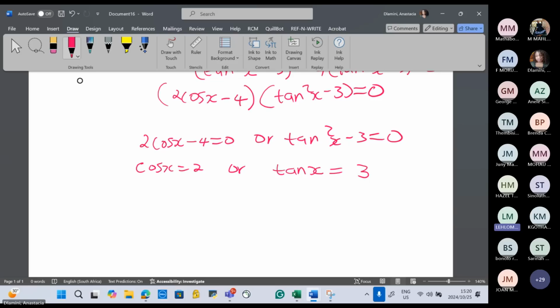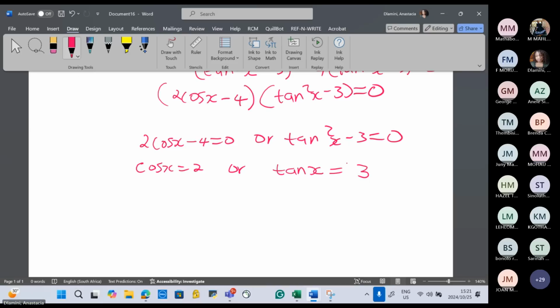Then for that one of course, undefined. Both of them are undefined. No, that one of course of x is equals to 2. You forgot to write root 3, ma'am, on tan x equals 2.